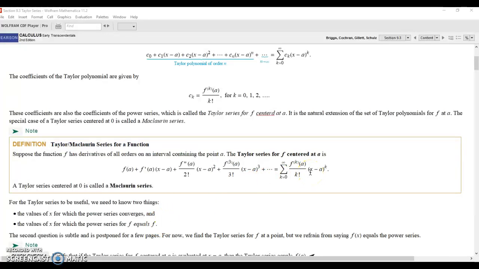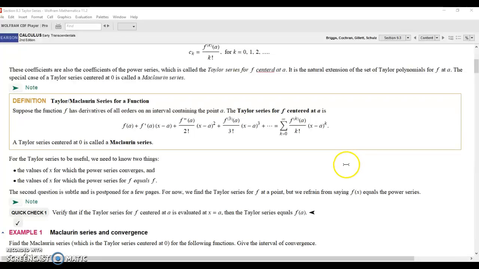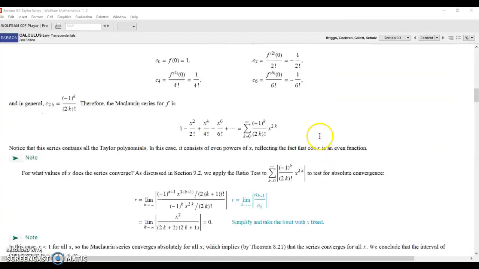So those are the things we're going to look at. The second point is a bit subtle, and we're going to start by looking at a Taylor series for f at a point, but we're not going to say that our function actually equals that Taylor series. We'll figure out whether that happens or not a bit later. So we're going to do this by looking at example 3 in the book.